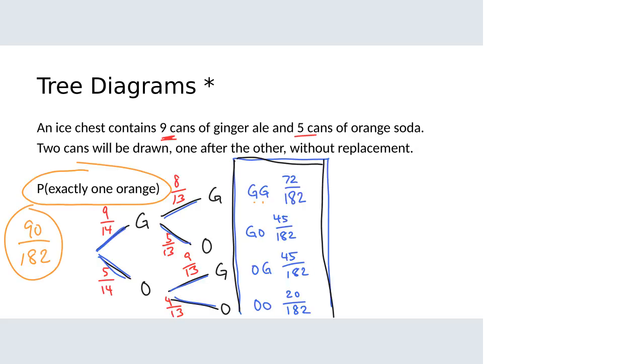What's the probability of getting at least 1 ginger ale? And we can go back and look at it. Keep in mind that at least 1 means 1 or more. So the probability of at least 1 ginger ale.